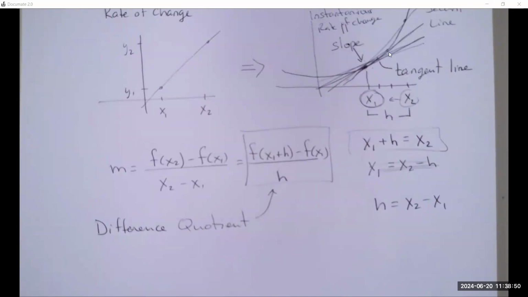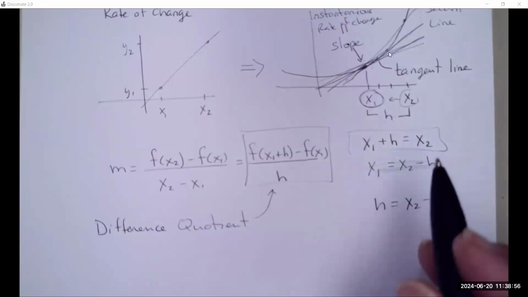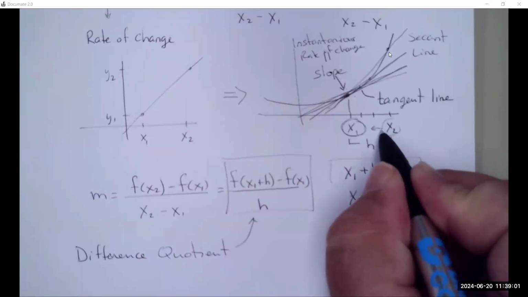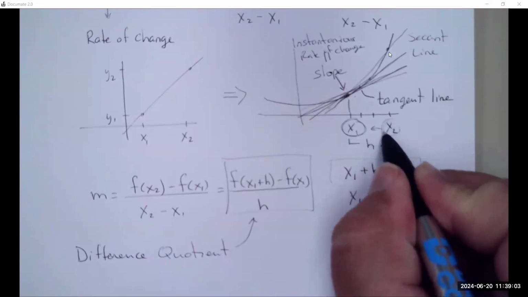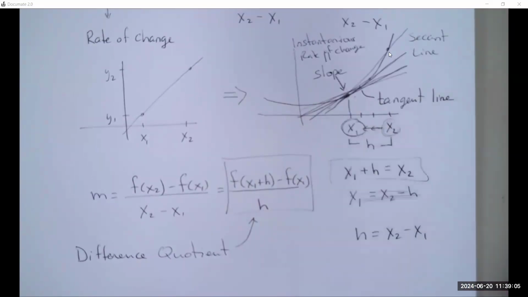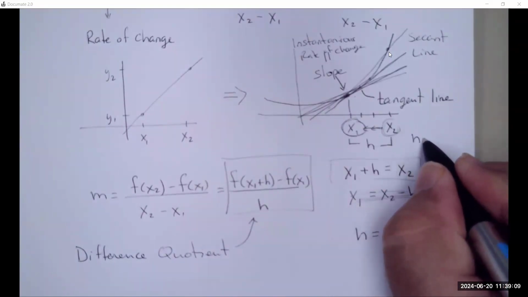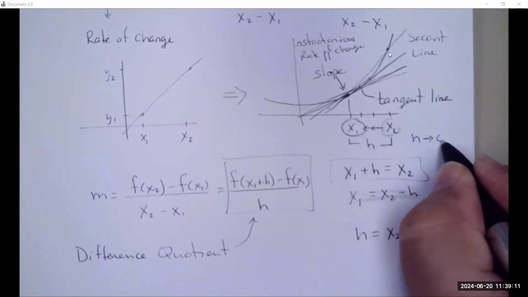In chapter 2, we talked about limits. So what we're looking at here is the limit as x2 goes to x1. In other words, as h, the distance between them, goes to 0.